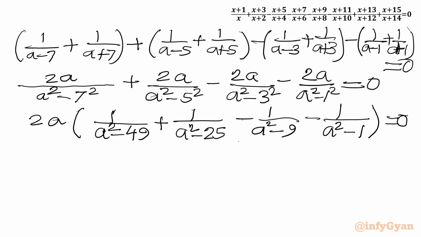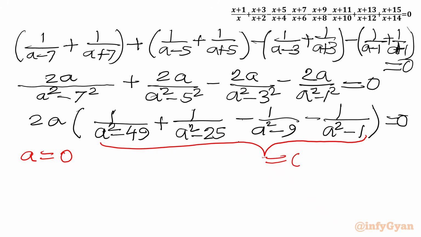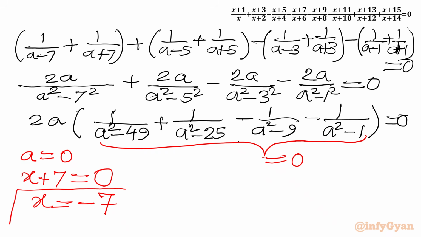Now we will use the product 0 rule. So we will write either a equal to 0 or this bracket equal to 0. From a equal to 0, in place of a we can write x plus 7 equal to 0. By subtracting 7 from both sides, we will get our first real solution, x equal to negative 7.